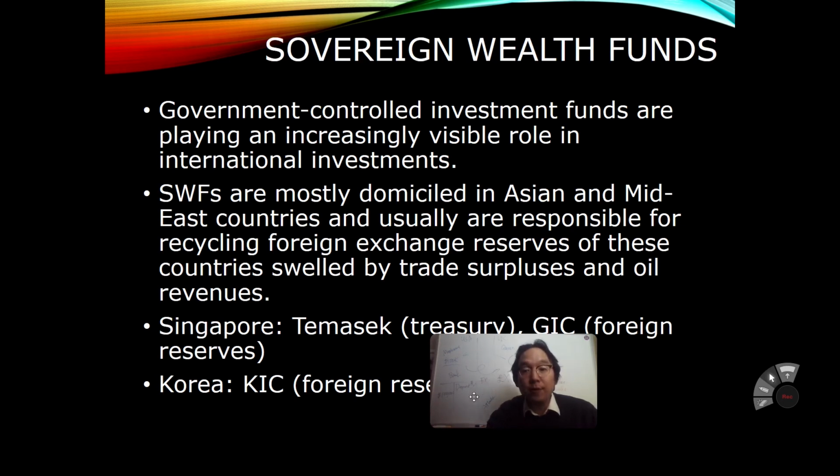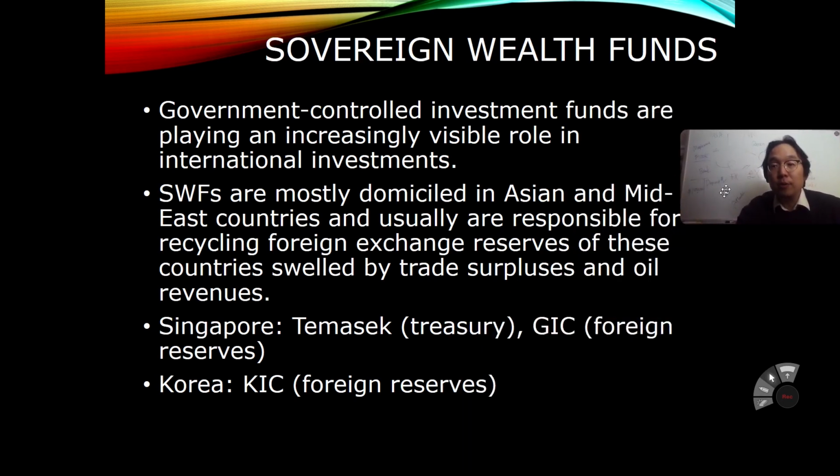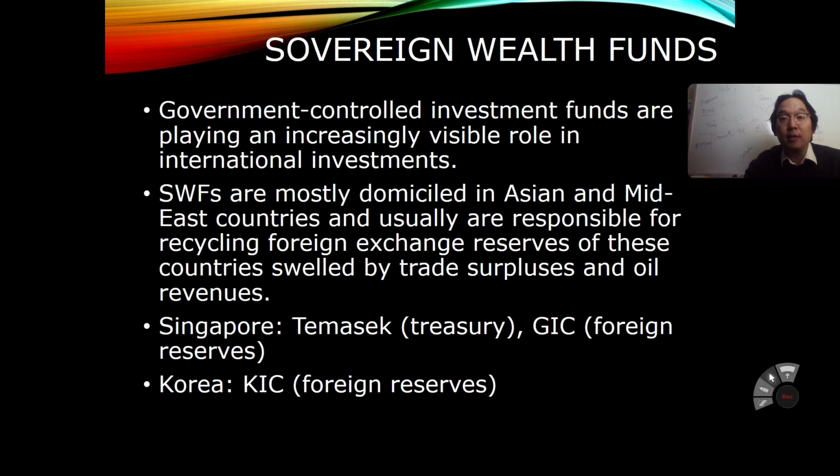Sovereign wealth funds are important players in this FX market these days. Government-controlled investment funds are playing an increasingly visible role in international investments, not just in the FX market, by the way, but foreign direct investments, portfolio purposes, or FDI kinds of things, right?